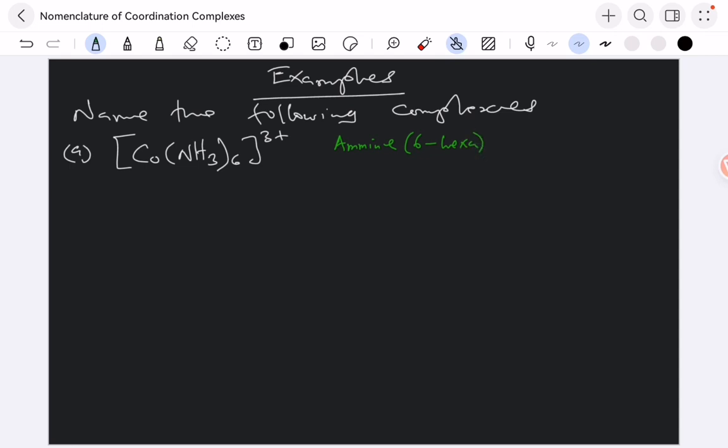Then what metal do we have? It's cobalt. Is it on the positive side or on the negative side? It's on the positive side, so it maintains the name.